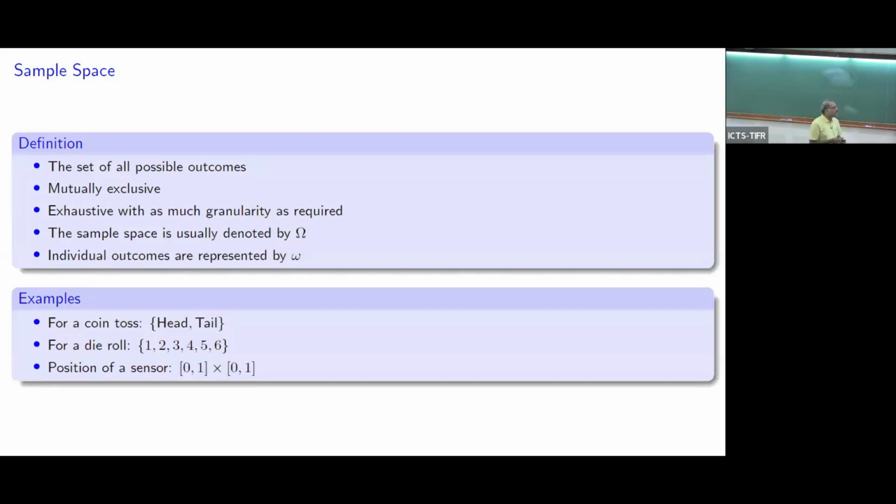So the sample space in that case is a square of size 1 kilometer by 1 kilometer, and all possible points inside it are possible outcomes of this random experiment. So this is the sample space. Any questions here?